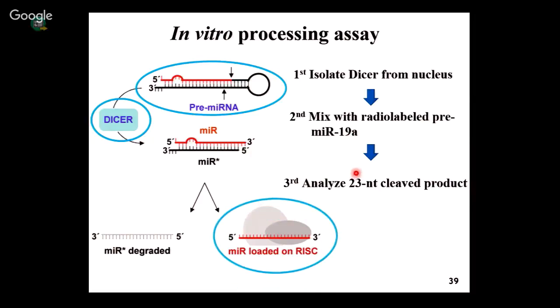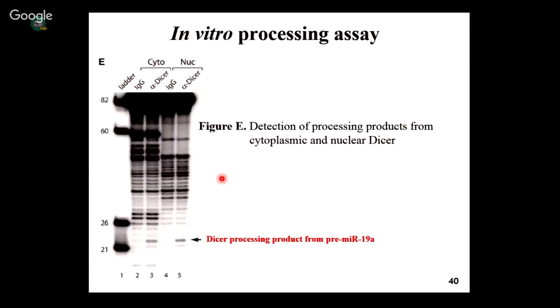And then they analyze the cleavage product of the precursor microRNA, which represents the Dicer cleaving activity. So in this example, the Dicer collected from either the cytoplasm or the nucleus generates the expected 23 nucleotide product. So these results suggest that Dicer can process precursor microRNA in the nucleus.